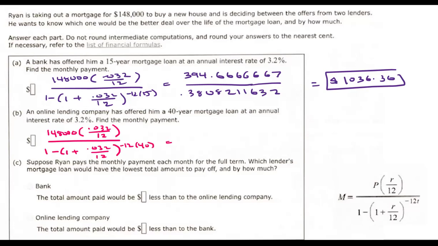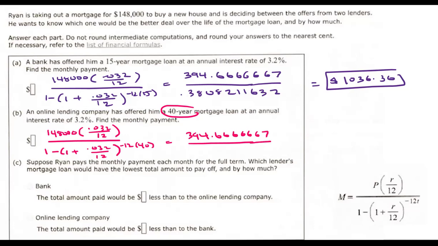Which seems like a lot. I've never seen a 40-year mortgage, but I guess they have them. Okay, so anyway, for the top, we're going to get the same thing as we had before, right? Because it's the same information. So that's 394.6666, a lot of sixes, 7 there at the end.